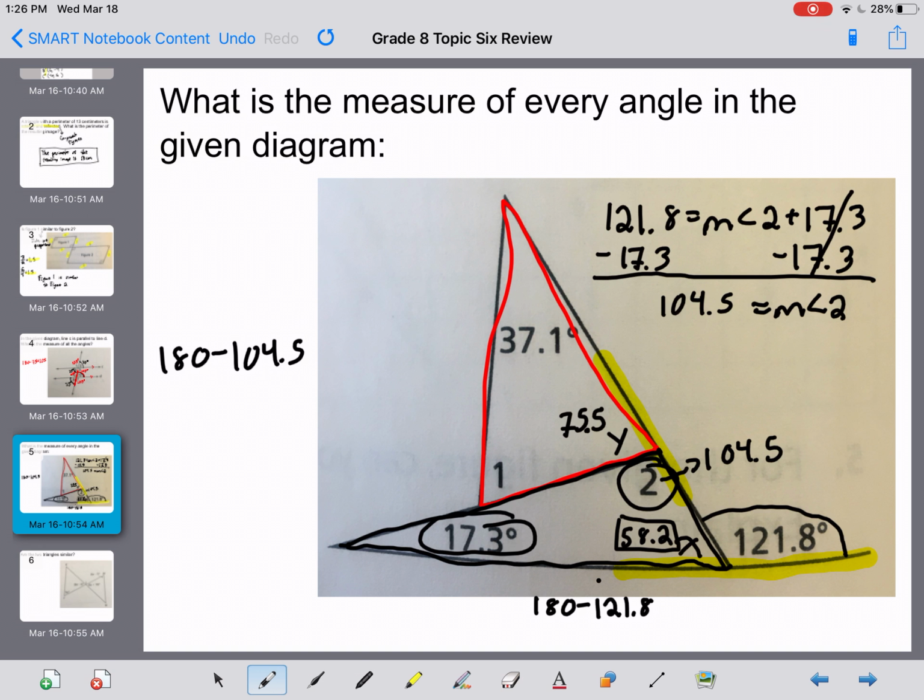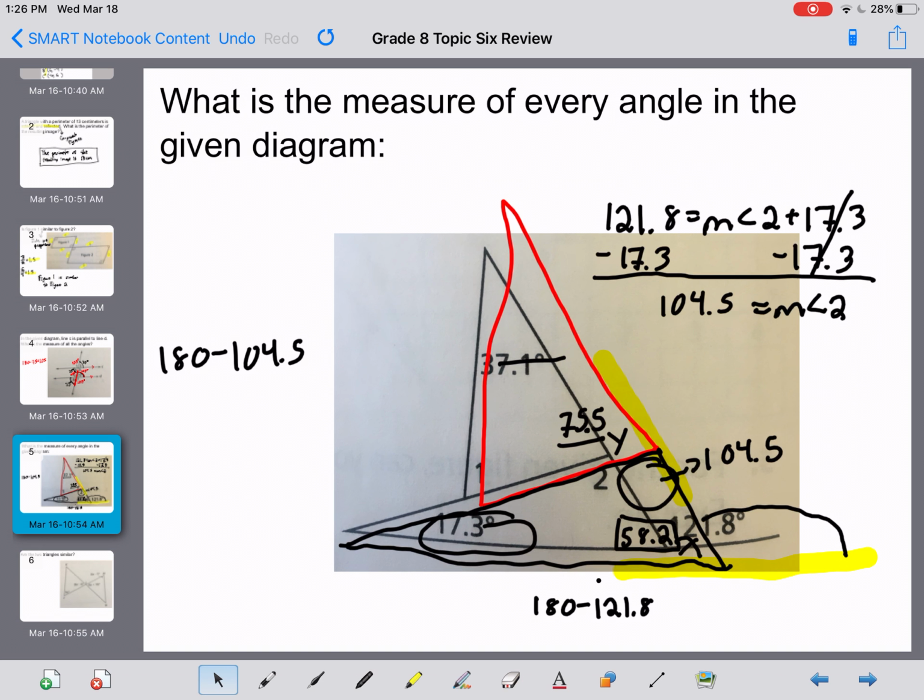Now I start to find the measure of angle 1. I notice I have 2 of the 3 angles inside my triangle. That means all 3 of those angles inside the triangle have to add up to 180 degrees.